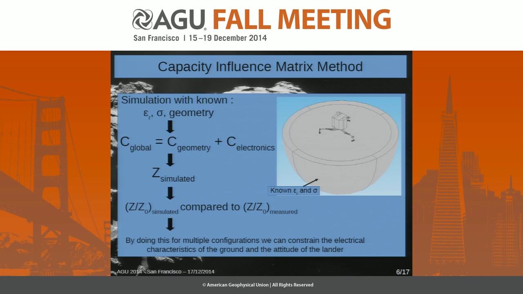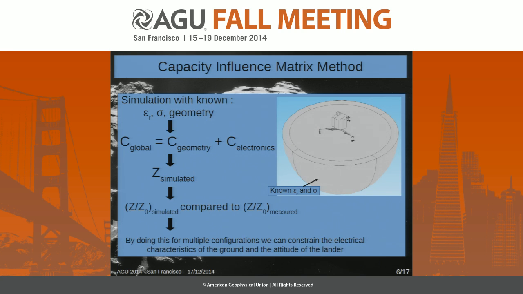We are able to simulate a ground with a known dielectric constant and electrical conductivity, and we also have an attitude of the lander. Here I'm showing a very simple simulation where the lander is just horizontal to the surface. From this simulation, we are able to calculate the capacity matrix of the system. This allows us to take into account the conductive elements close to the electrodes.